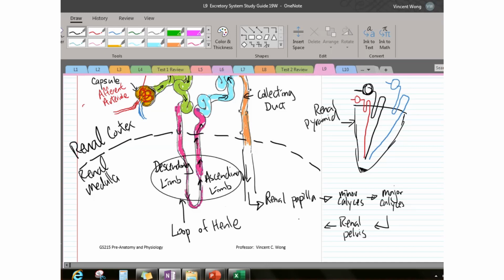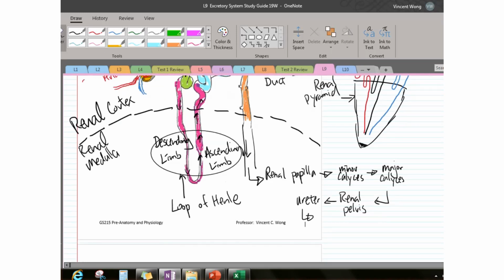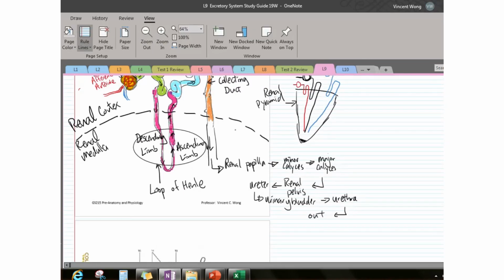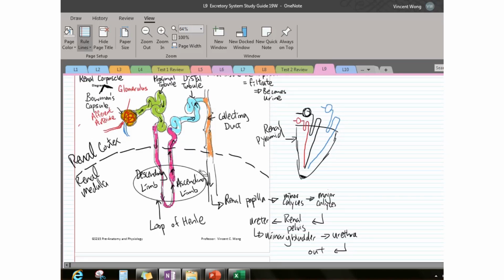From the renal pelvis, we're gonna go into the ureter, right? Urinary bladder, urethra, and then out. Okay, so there you have it, the basic parts of the nephron.